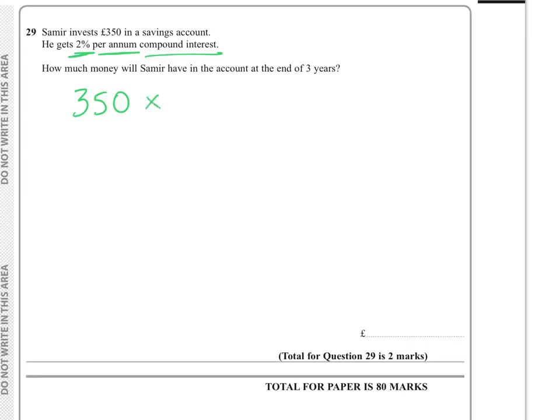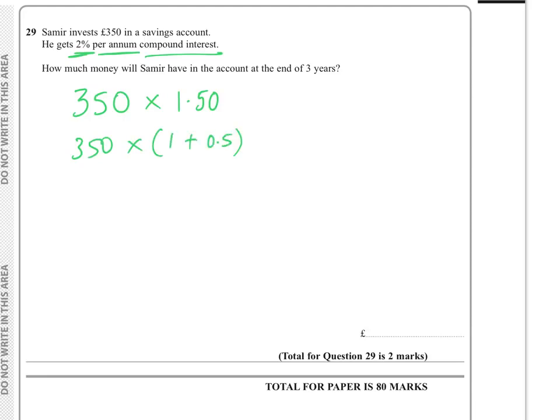So if we were to times 350 by 1, we would just get the amount at the end of the year with no interest at all. So what do you think we would times by to add 2% on? Well, if you times by 1.5 or 1.50, that's the same as doing 350 times 1 plus 0.5.